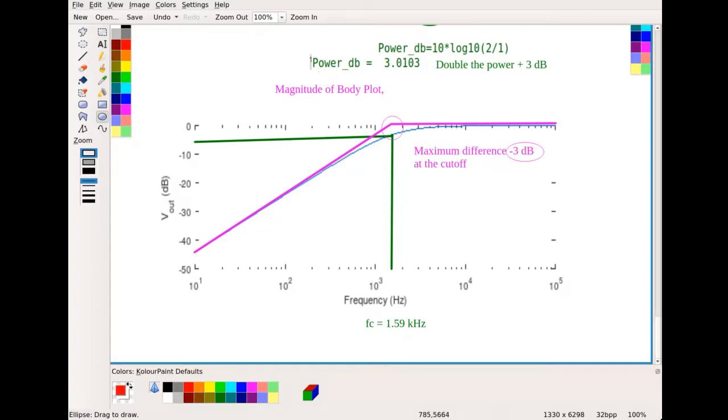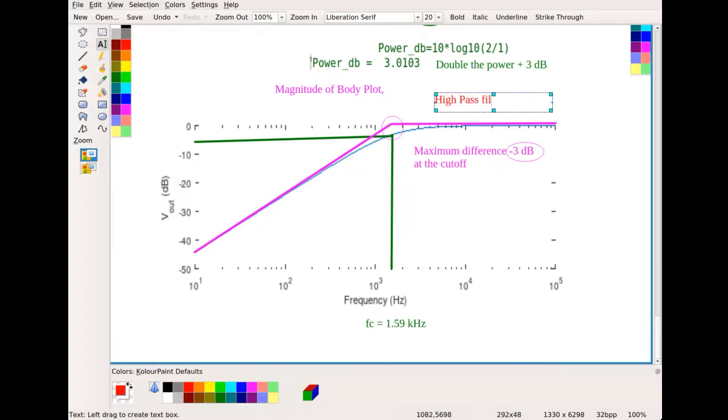Now, this happens to be what we call a high-pass filter. Because remember, we stated on Monday that we're effectively passing all frequencies that are more than half power.